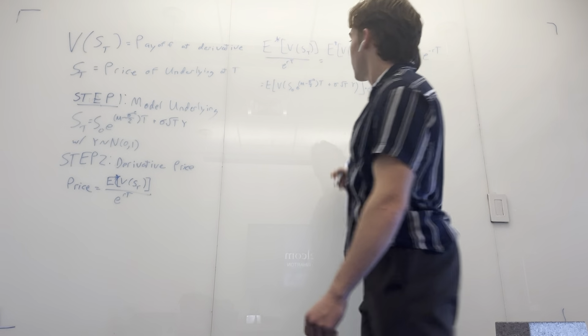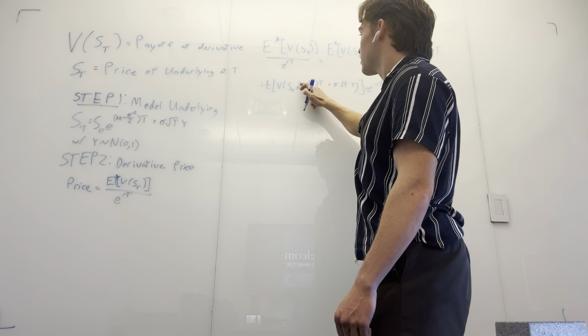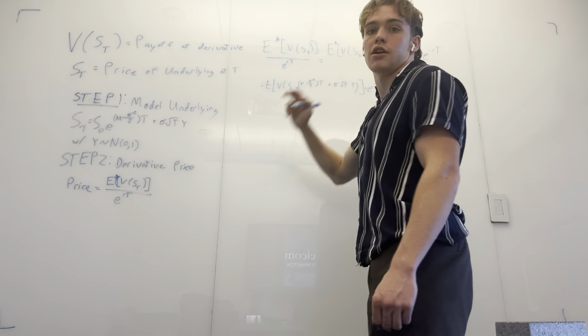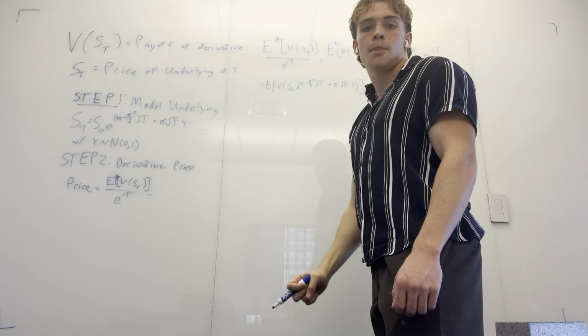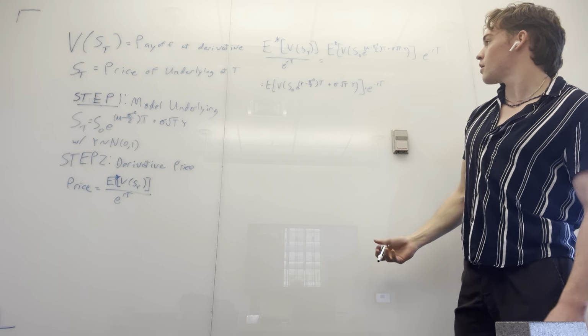Okay? And then there's one thing we need to change about this formula, and that's just replacing our average return with our risk-free rate of return instead. So overall, that leaves us with this.